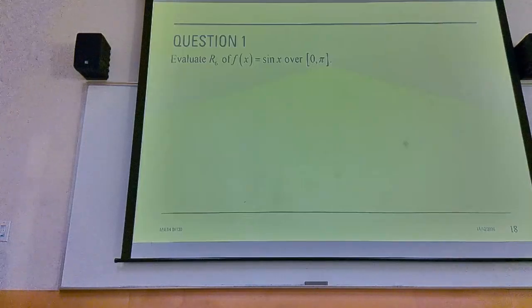So we want to evaluate R6 for the function sine of x over the interval 0 to pi. So remember, R6 means right endpoint approximation with 6 subintervals.